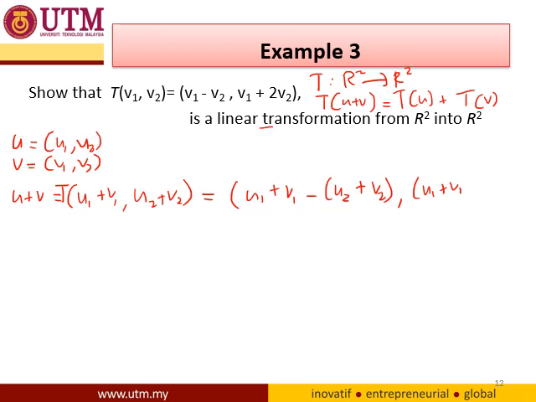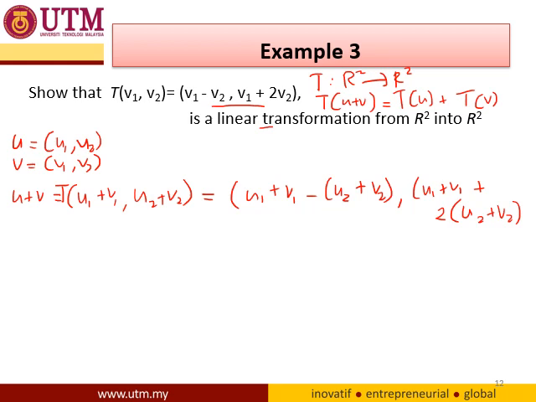plus 2u1, sorry, it's supposed to be u2, 2 times (u2 plus v2). Look back at the example they give you here, because you want to transform, right?